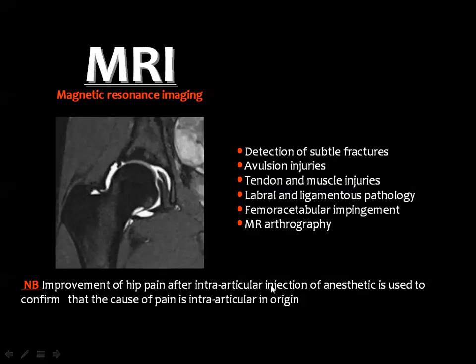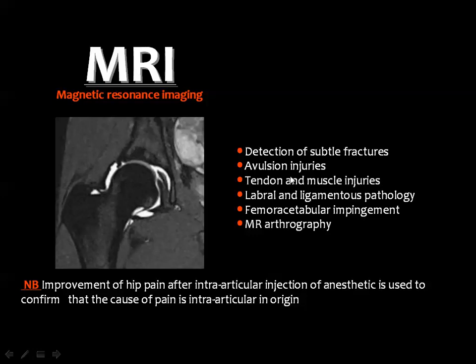MRI is also one of the major tools, and it is one of the important imaging modalities for evaluation of sport injuries anywhere in the body. It helps in detection of subtle fractures because of its major sensitivity for bone marrow changes.